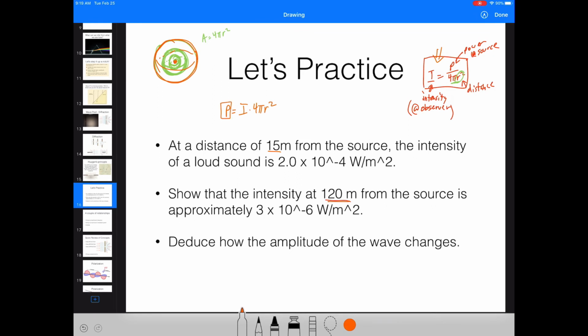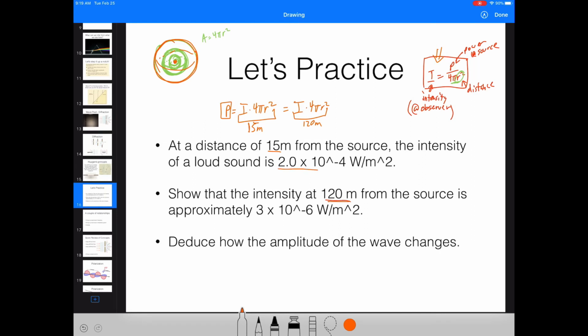And the power is going to be the same, so that means that this initially, at 15 meters, needs to be equal to the same thing, I times 4 pi r squared, at 120 meters. All right? And so we're going to go ahead and just solve that, just like that.